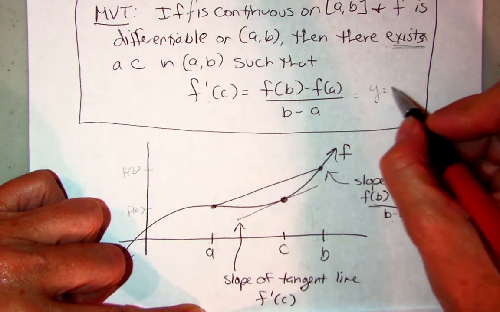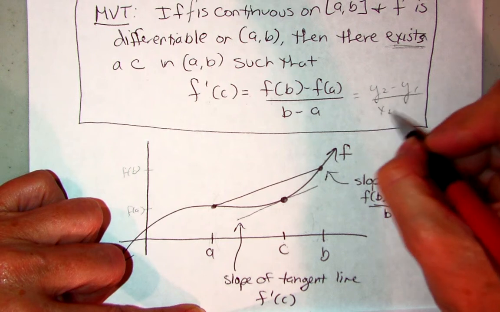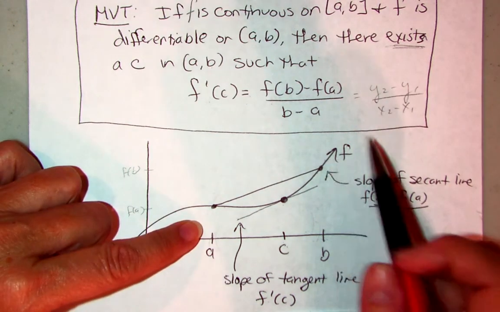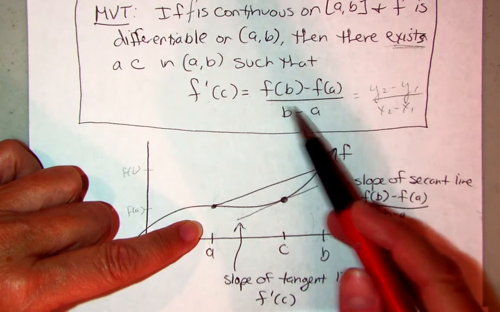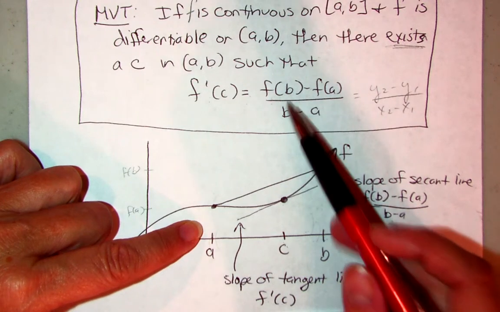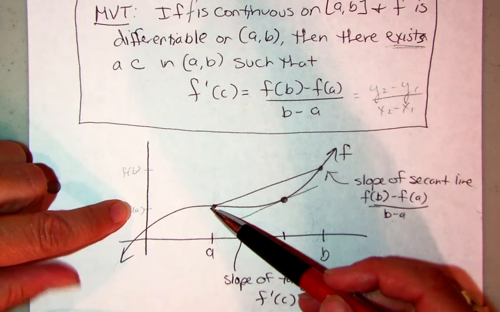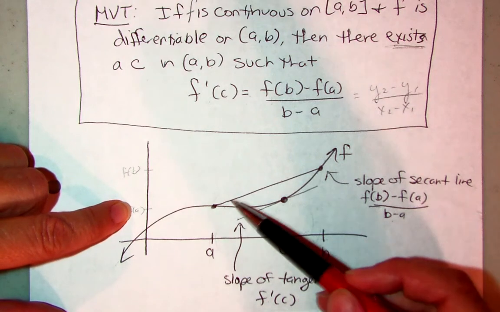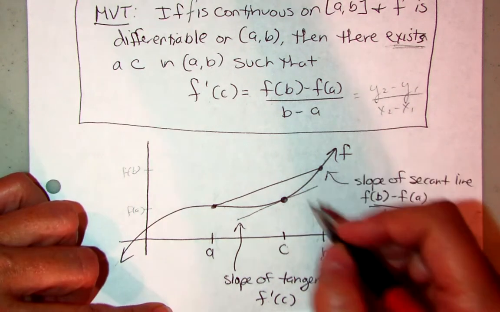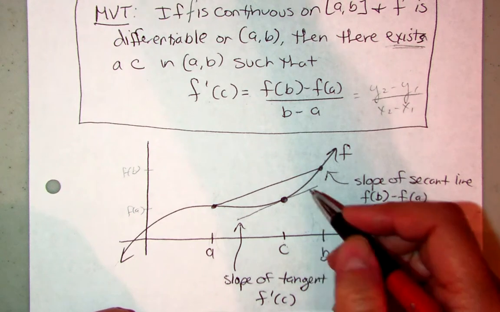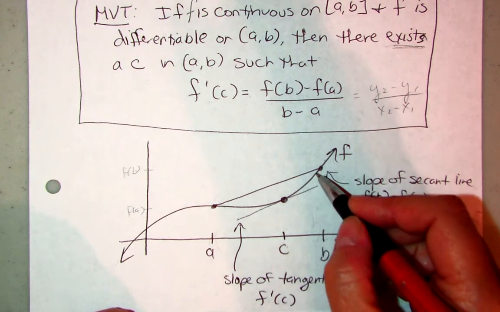This is y2 minus y1 over x2 minus x1. At points a and b on f, this is just slope, right? Slope: f of b minus f of a over b minus a. So these slopes here are the same. So there's some c that exists.